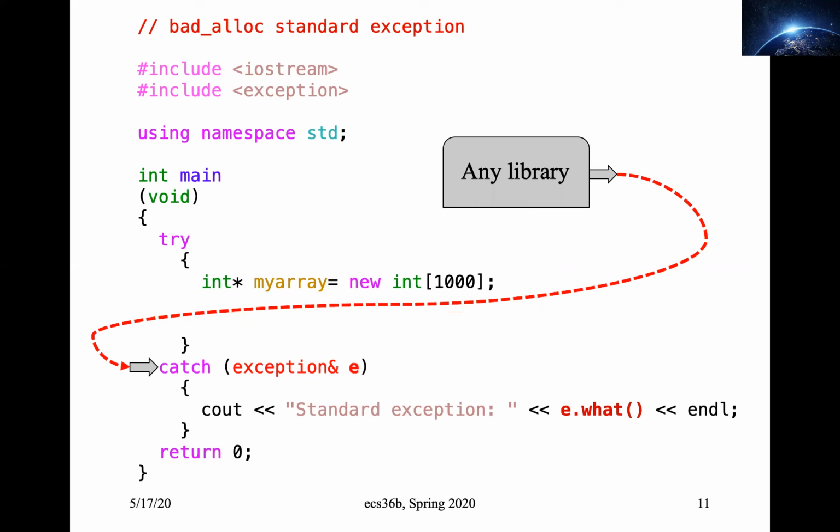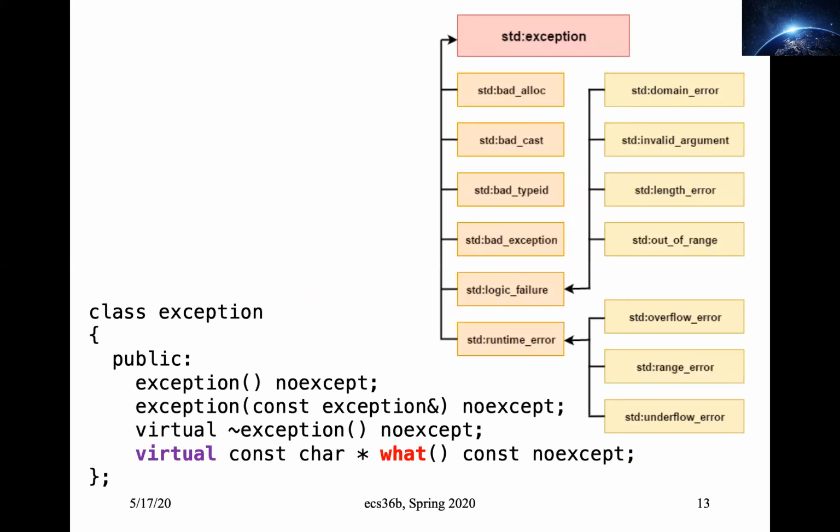Let me try to show you a picture so you have a better idea. This is what the exception class looks like. This is the basic one. When you develop a program, you will inherit from this class exception. The class exception has a constructor and destructor, but the only function it provides is what.